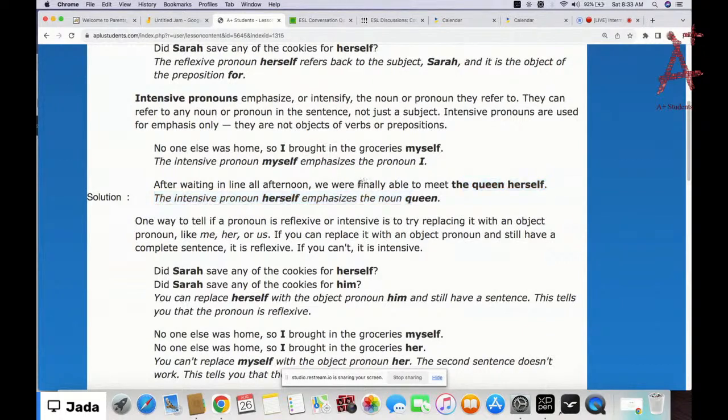So one way to tell if a pronoun is reflexive or intensive is to try replacing it with an object pronoun like me, her, or us.